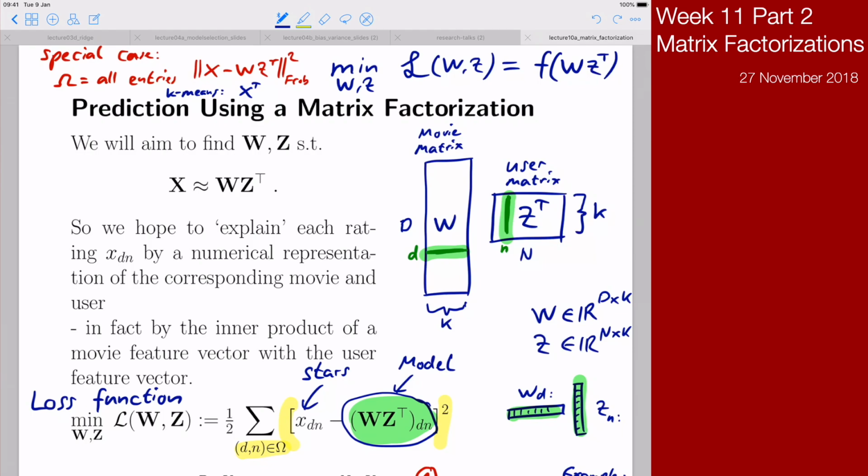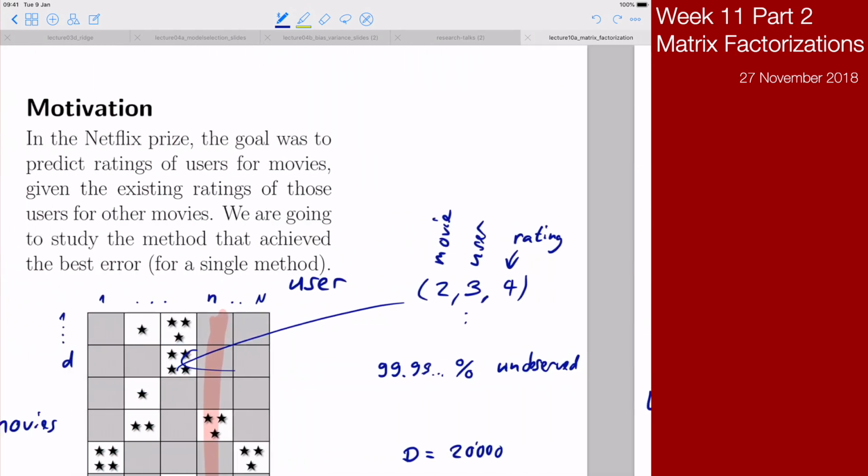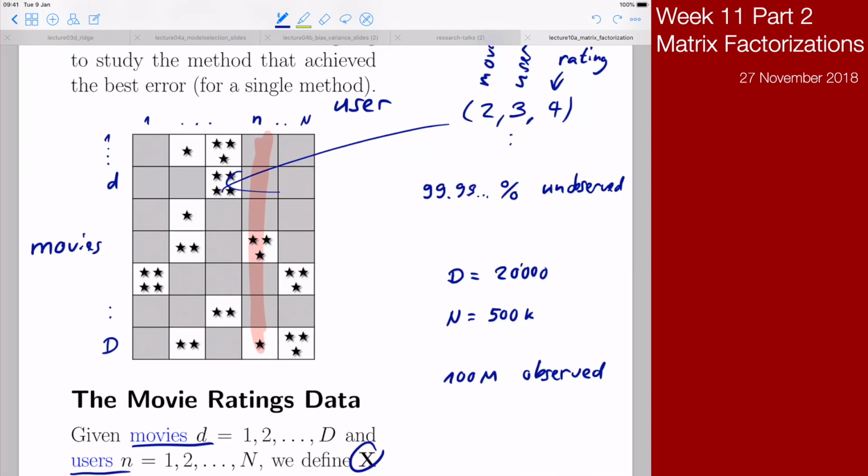That's what the first approaches were doing in this competition for Netflix, and they turned out to not perform well at all. One intuition is that there are just so many gray entries, 99% of them are gray. So it will be much too influenced by the gray ones.